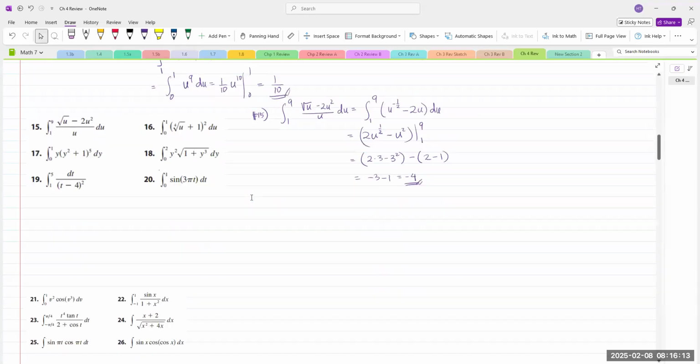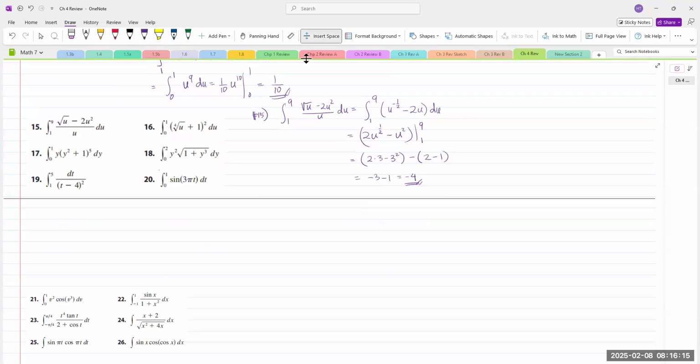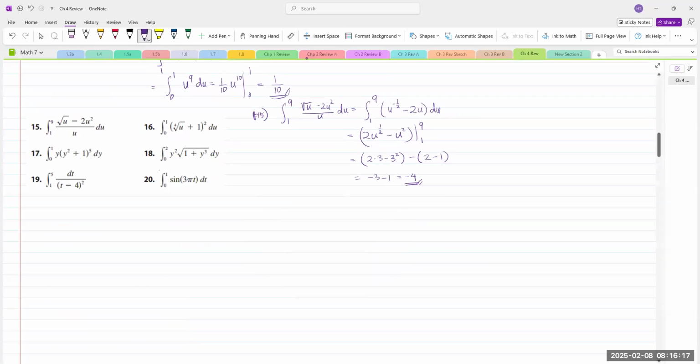Okay, number 16. I think I would just do it down here. Number 16, integral from 0 to 1 of u to the 1/4 plus 1 squared du. I don't think I can do substitution here. So let me FOIL that then.